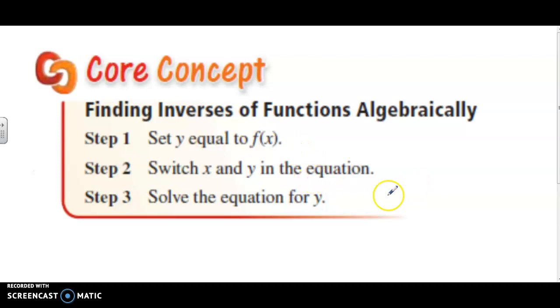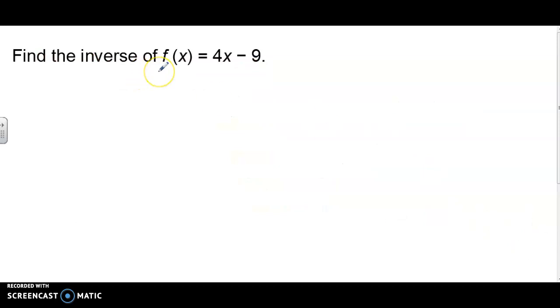Alright, so for this problem, we're trying to find the inverse of f of x equals 4x minus 9. Like we did yesterday, you turn this into y, keep x the way it is. The directions say to switch it at this point, but it doesn't matter when you switch it, either now or at the end. Eventually you're going to switch where the x and the y are.